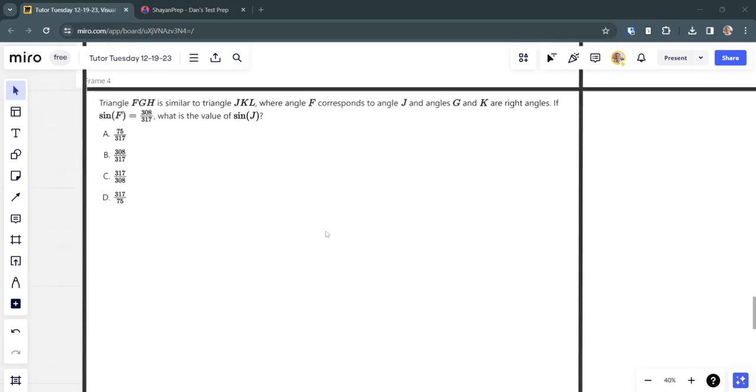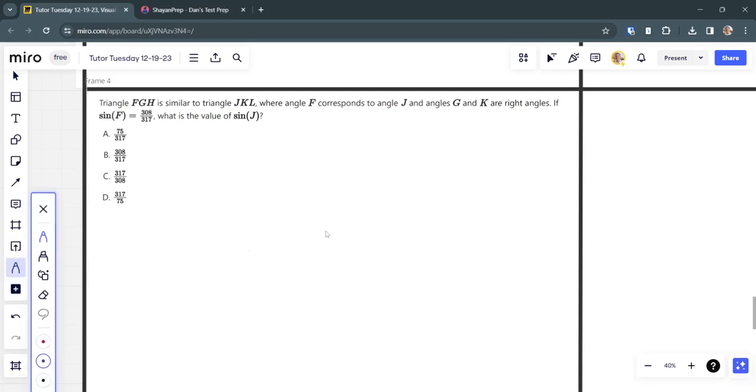Let's just take a look and read this for a second. Triangle FGH is similar to JKL. F corresponds to J. Angles G and K are right angles.